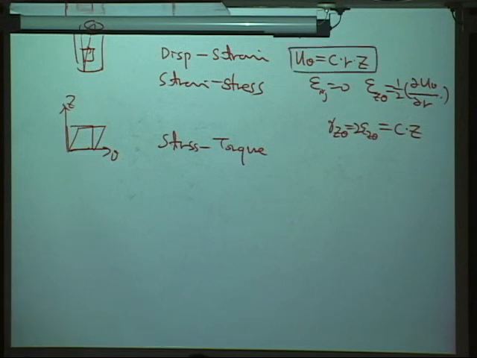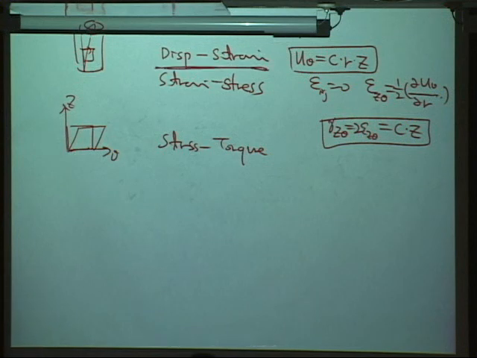So this is the starting point, and this is the strain. All other strains are 0. Okay, that is the displacement, the strain relations. Now, stress. What is the strain stress relations? Very simply, tau, which is sigma Z theta, is simply G, the material property, times gamma Z theta.